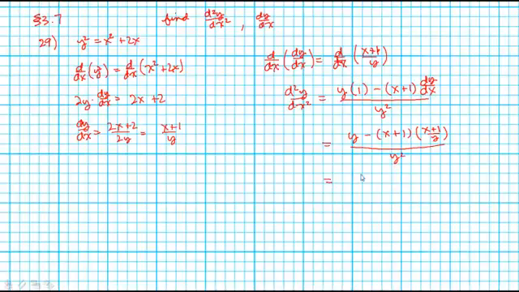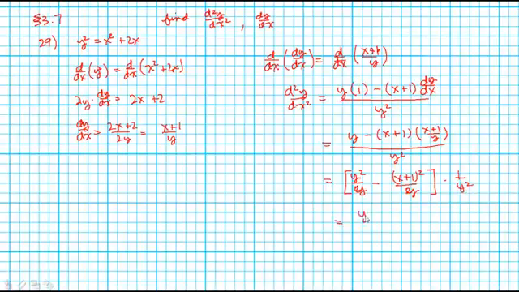Cleaning that up, in finding a common denominator for the top, I'm going to end up with y squared over y minus (x plus 1) squared over y, and then this whole thing, instead of dividing by y squared, I'll change that into a multiply by 1 over y squared.